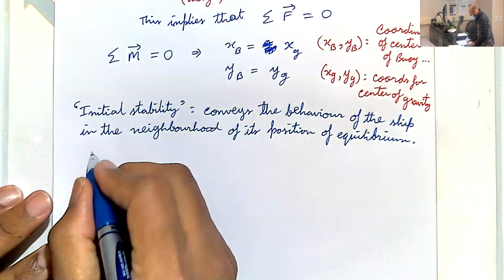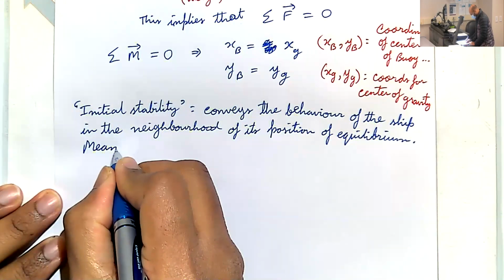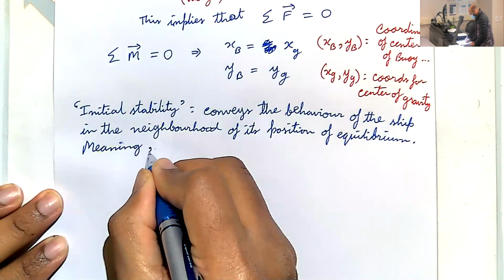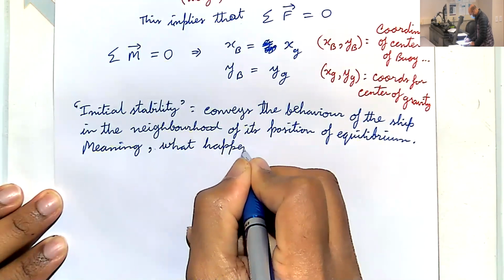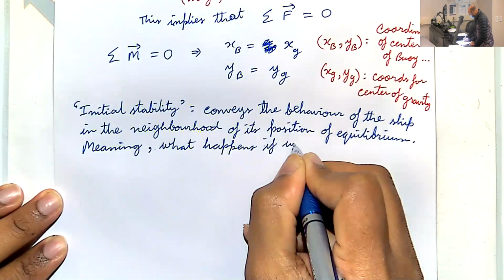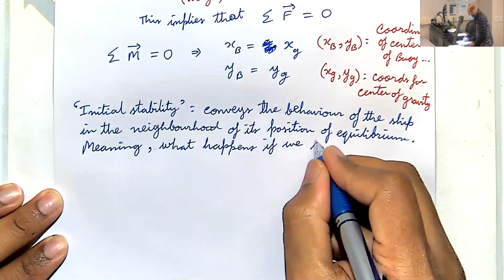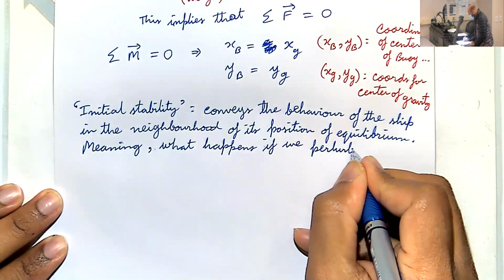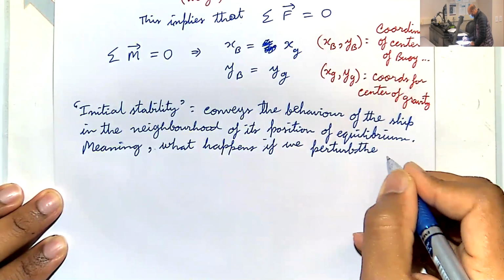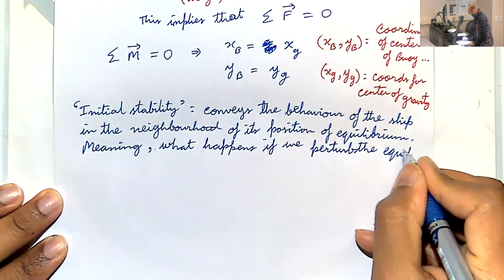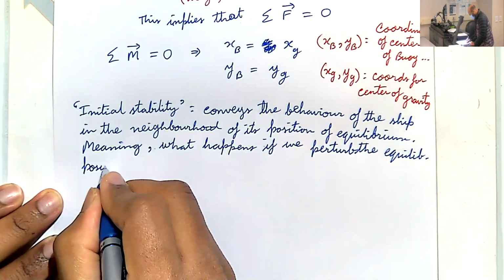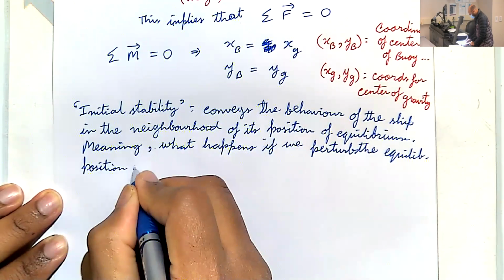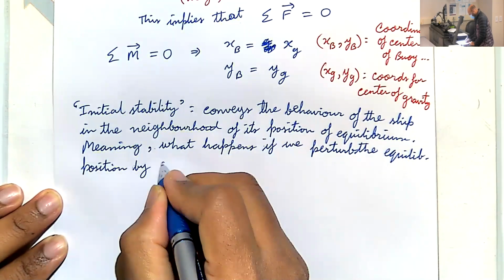Okay, meaning what happens if we perturb the equilibrium position by just a little bit, by a little bit.